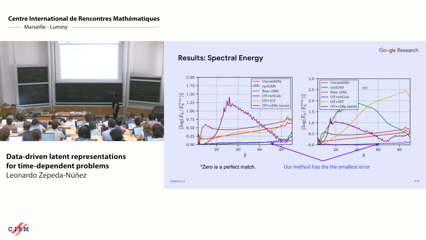And we're much better, particularly when you have a more aggressive upsampling. Left is 8x, and right is 16x. At 8x, cycle GAN is fairly competitive. It still is not as good in high frequency, but for 16x, it completely goes crazy. So having these two steps actually helps a lot to get something that has the correct statistical information.